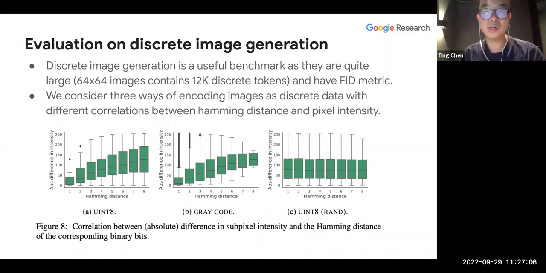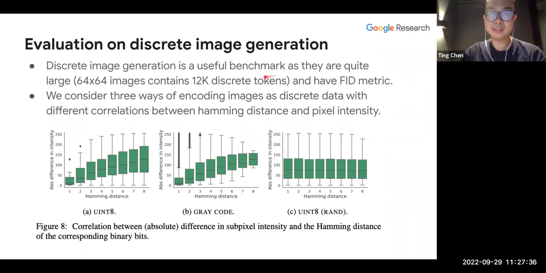So how do we know it is good? We have to evaluate it on some task. And one task that we found particularly useful is discrete image generation. Typically, image generation models pixels as continuous values because the intensity of a pixel reflects some meaning, right? Like 0.1 is closer to 0.2 compared to 0.6.